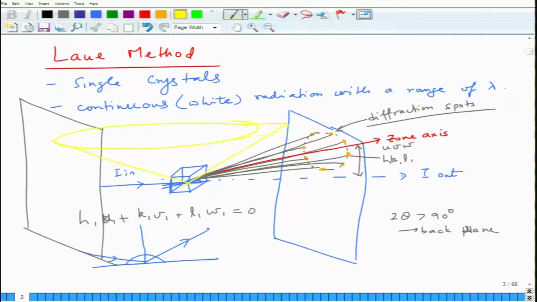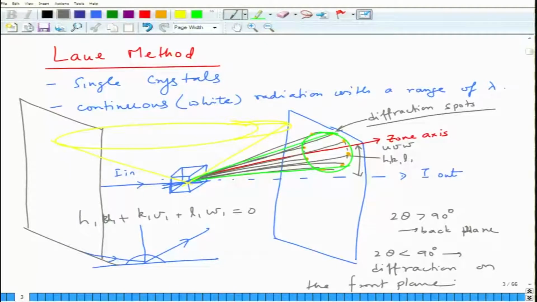This would be a diffraction cone, very big, very wide diffraction cone, whereas for this case the diffraction cone is this kind of cone. So for 2 theta greater than 90 degree you will have the back plane, and for 2 theta less than 90 degree you will have diffraction on the front plane.